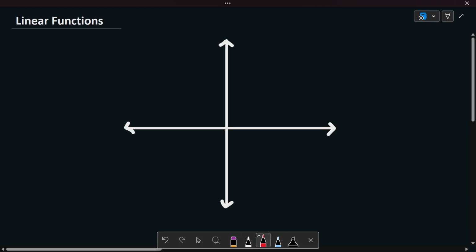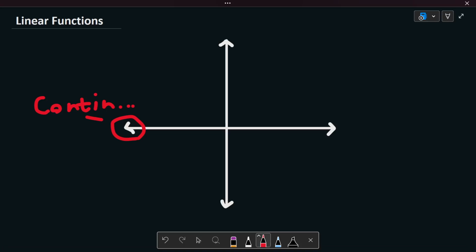And what do these arrows mean? If you look at the definition in your textbook, this arrow just means that it's continuous. Continuous means that it continues all the way to a very, very small number or a very, very big number.